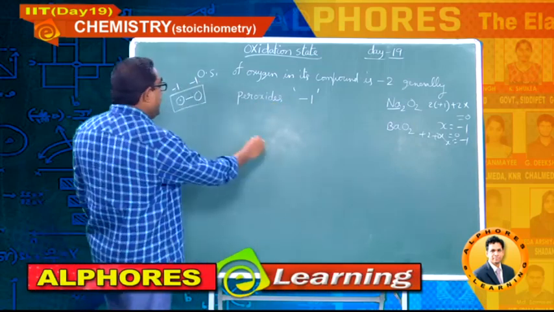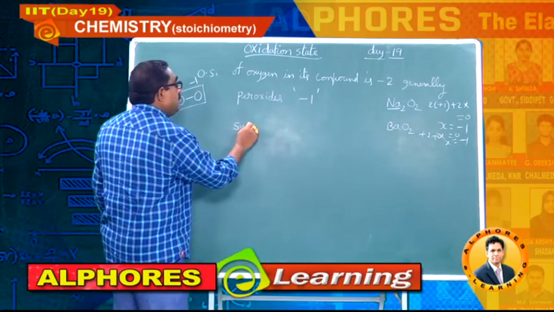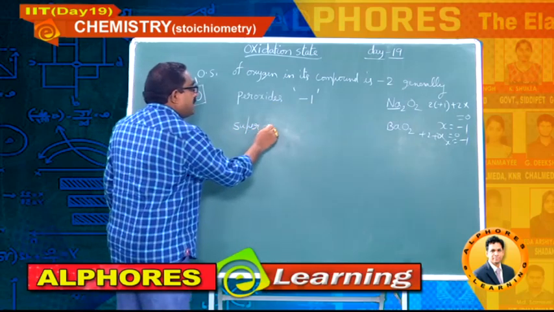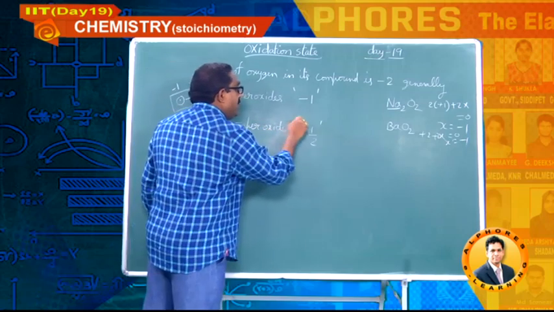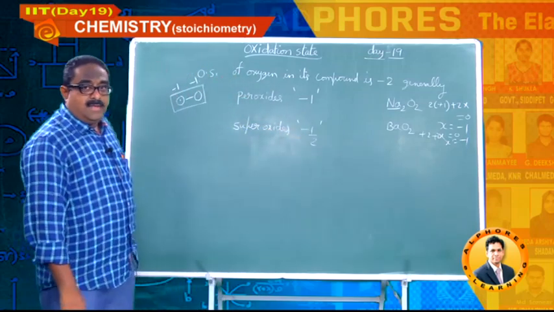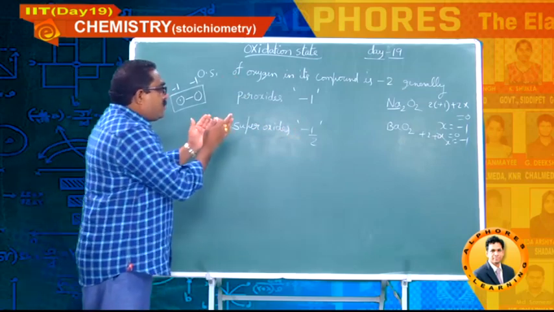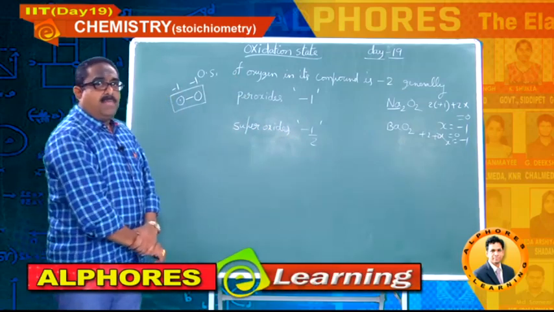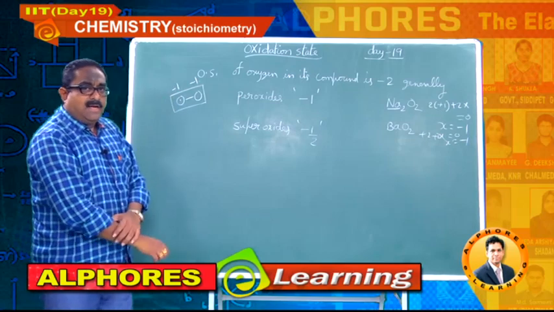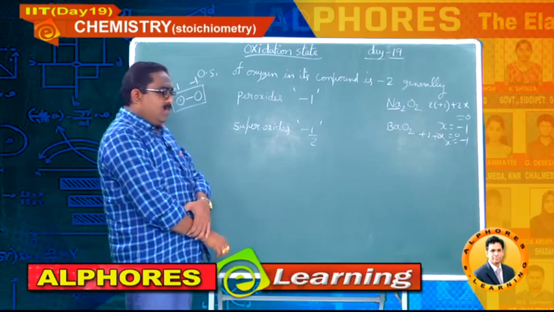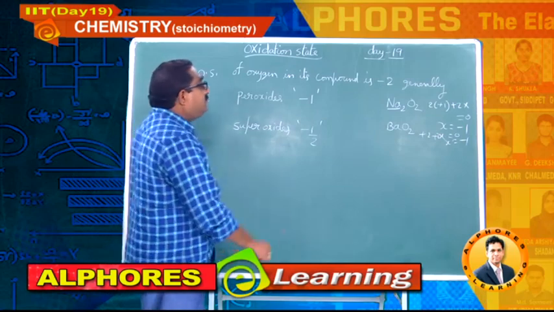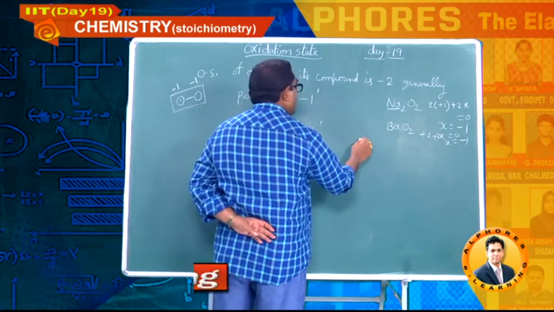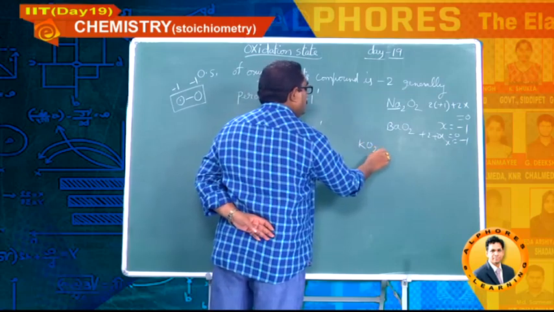Okay, next. Superoxides. The oxidation state is minus a half. Usually these superoxides are formed by alkali metals, that too higher alkali metals. Let me give an example: KO2.